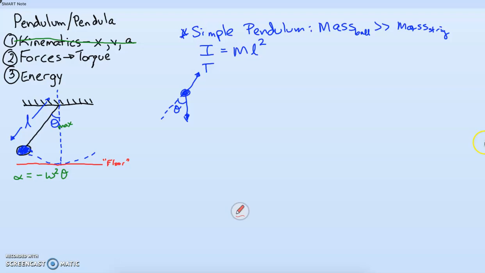And what I want to do is, instead of splitting tension up into x and y pieces, let's change the direction of x and y so that tension is along the y-axis and the x-axis is the initial direction of motion of the pendulum bob. And what that means is that our mg is going to be off the axis.